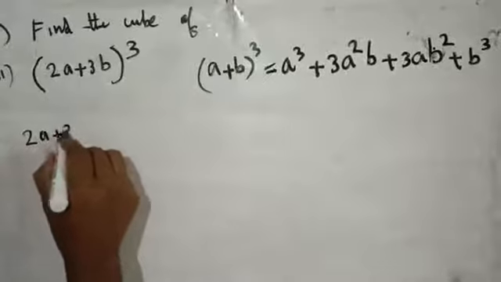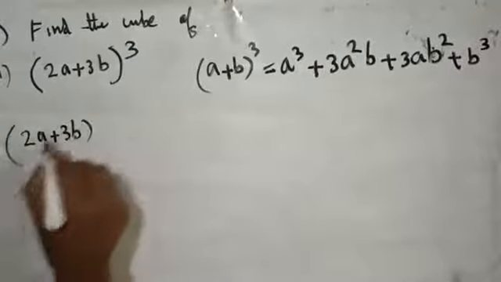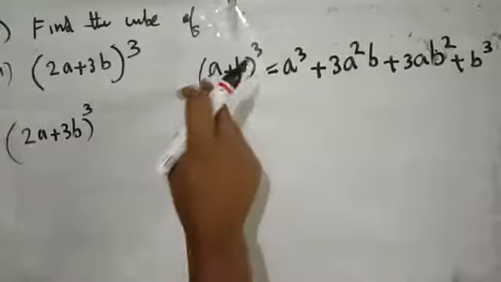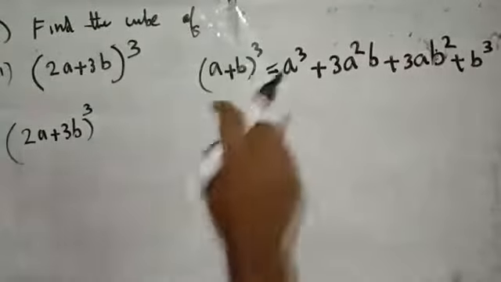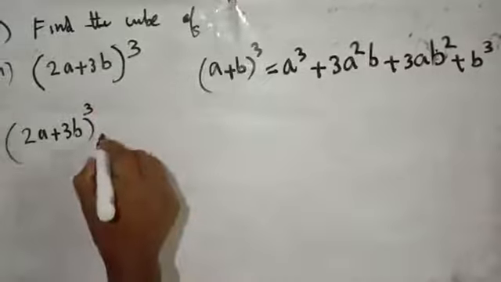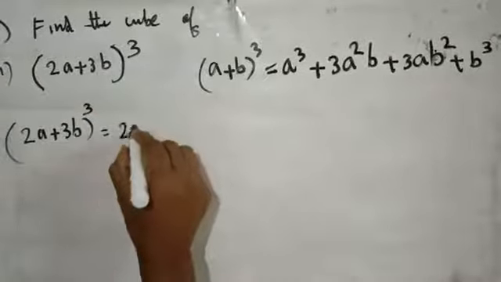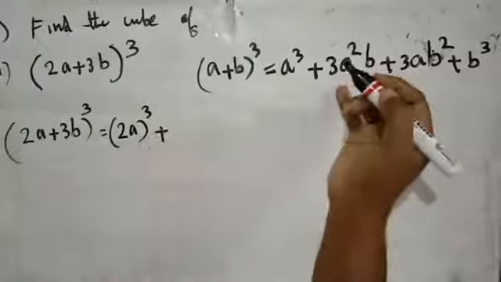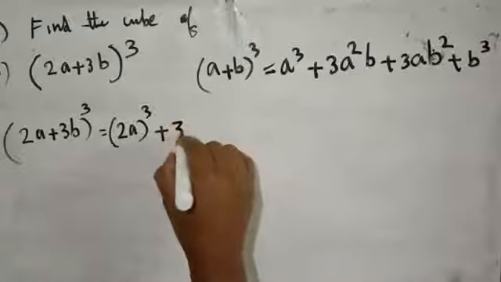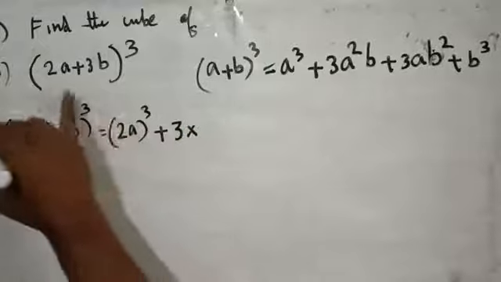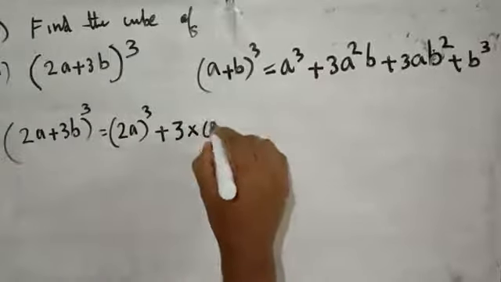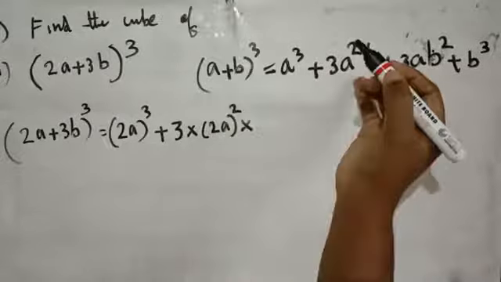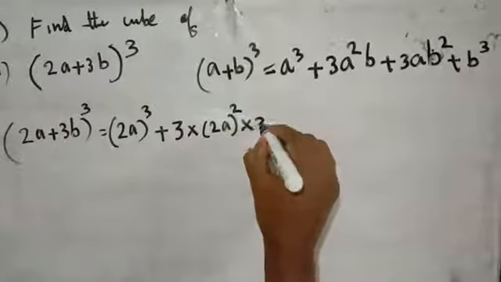2a plus 3b the whole cube is equal to what? In the place of a, here 2a. In the place of b, here 3b. So a cube, here 2a cube, plus next 3a square b. 3 into what is a square? In the place of a, 2a. So 2a square into what is b? 3b.